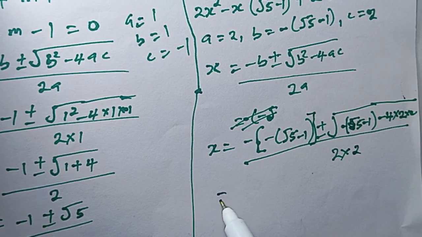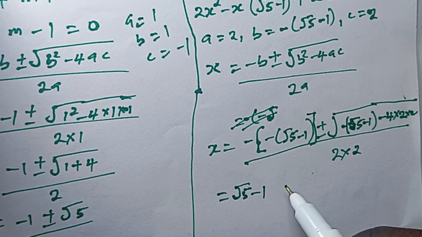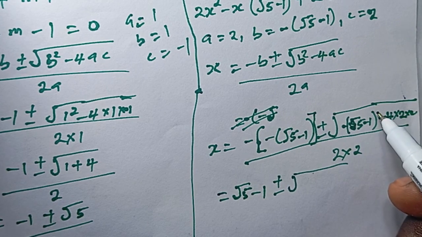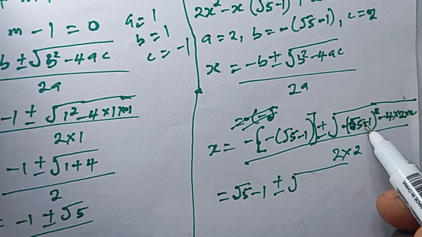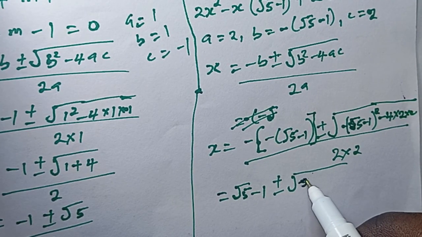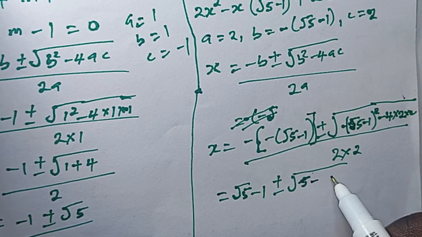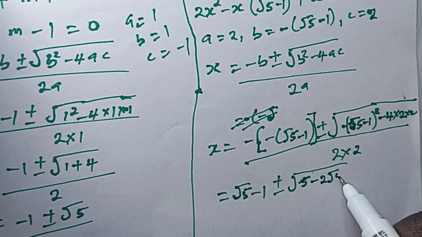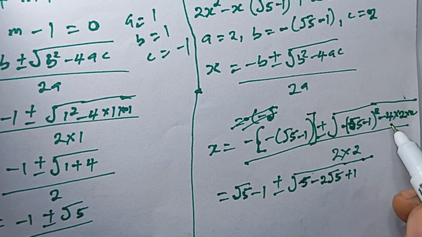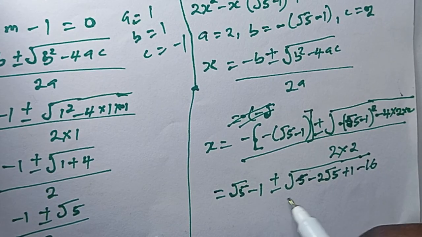And eventually what we have is root 5 minus 1 plus or minus square root. This is squared here. So when we take the square of this stuff I have over here, I'll be having 5, okay, minus 2 root 5 and then plus 1. Okay, so if I multiply this, minus 4 times 2 times 2 will be minus 16.